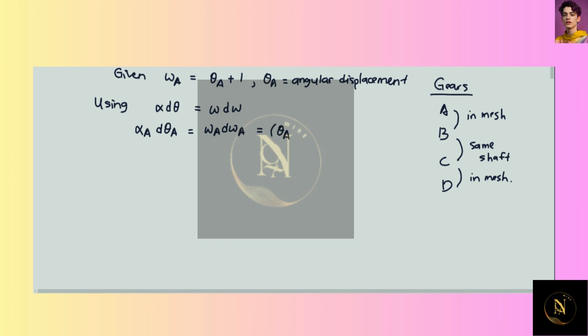Omega A is theta A plus 1, and then d omega is d of this, so it will be d theta A. Then if you compare both sides, you see that alpha A will be equal to theta A plus 1.